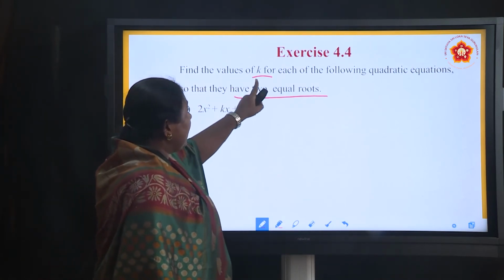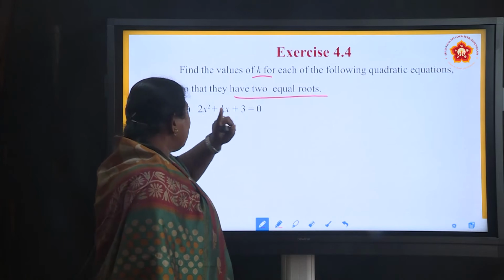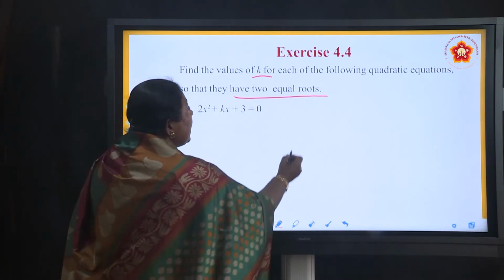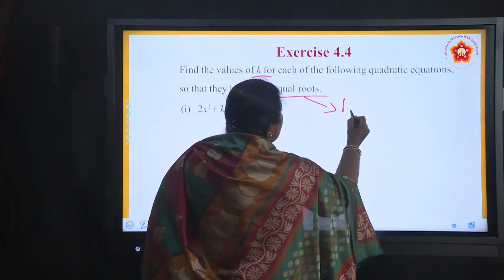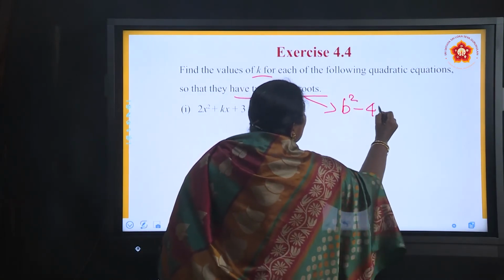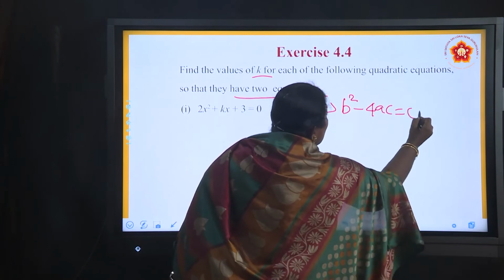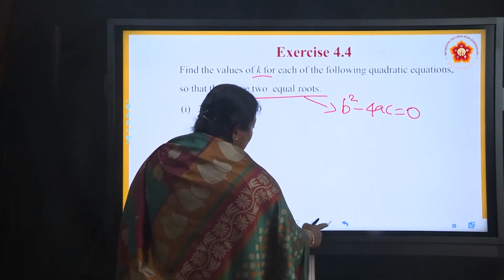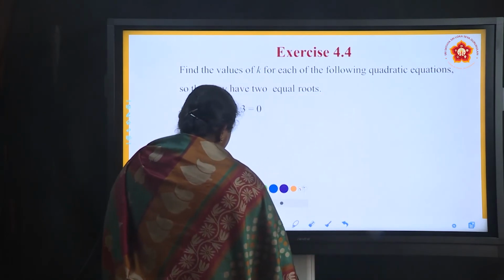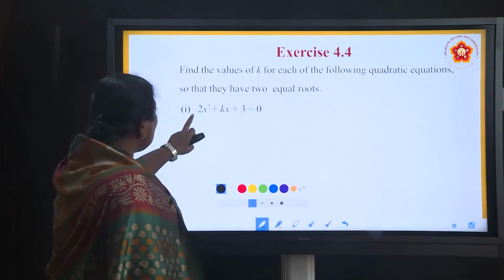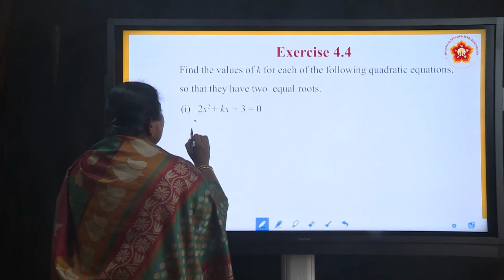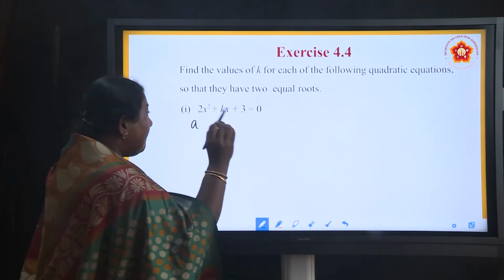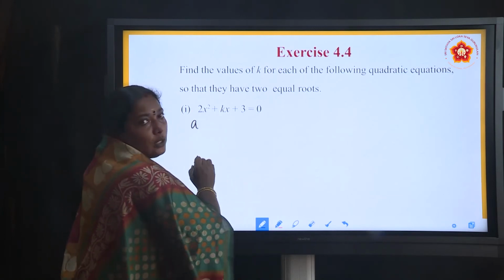Find the values of k for each of the following quadratic equations so that they have two equal roots. Two equal roots gives me what? b square minus 4ac should be equal to 0. That is my condition if two roots are equal. Now let us move on with the sum. Here they have given 2x square plus kx plus 3 equal to 0.